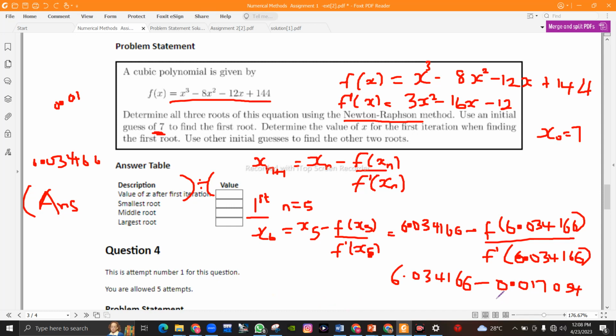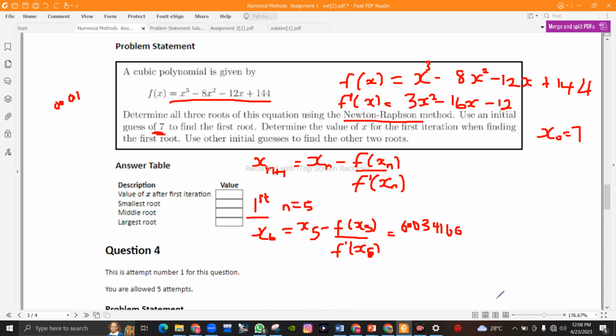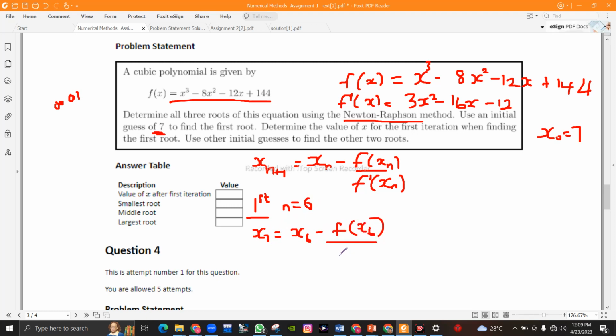So let's move to the 7th iteration. Seventh iteration, when our n is 6, x7 equals x6 minus f of x6 divided by f prime of x6. If you calculate that, what's our x6?